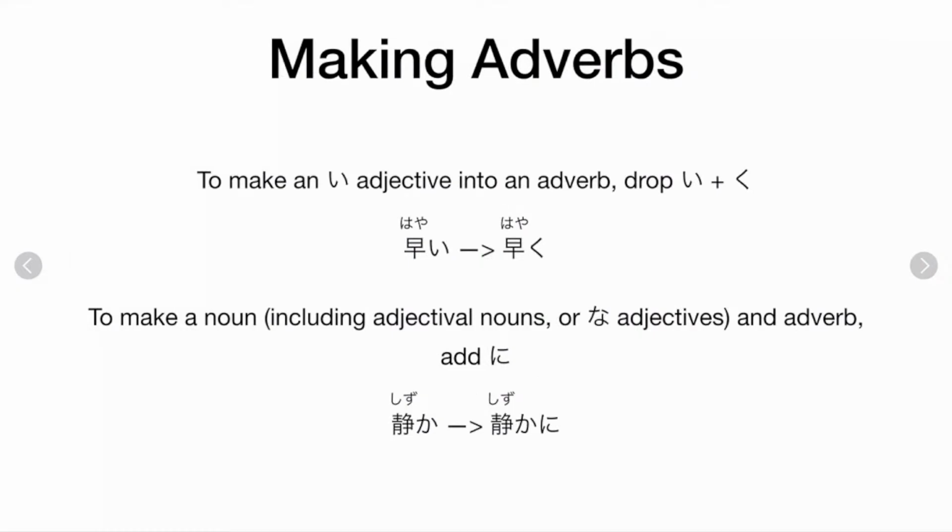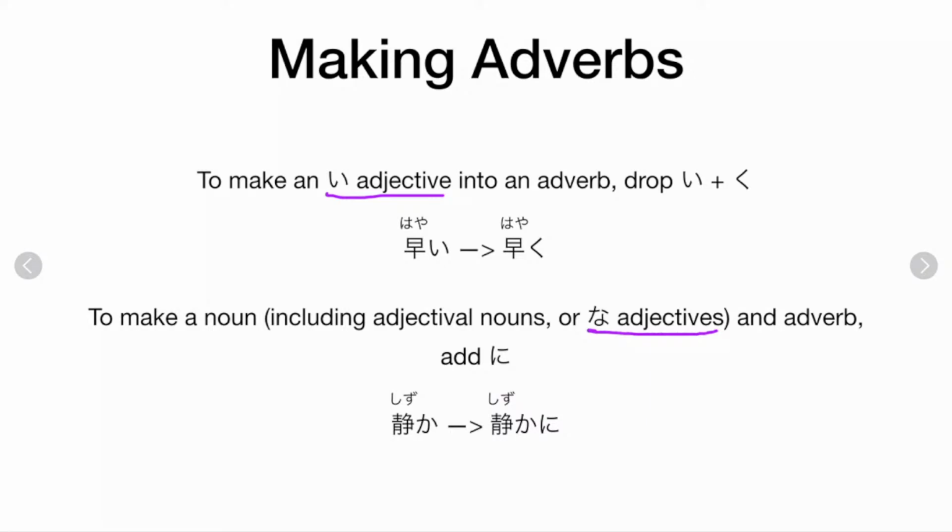All right. Let's talk about making adverbs. So we have adjectives, and we have two kinds of adjectives. We have adjectives, and then we have nouns which act like adjectives. So we're calling those na adjectives, but they are nouns. And sometimes we want to use those as adverbs. Rather than describing a noun, we want to describe a verb.